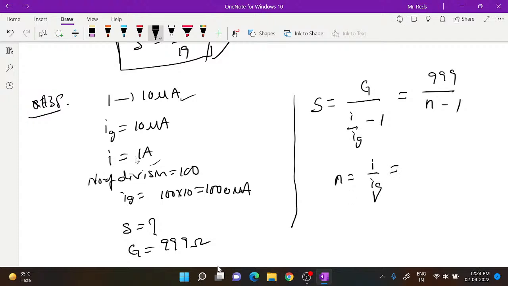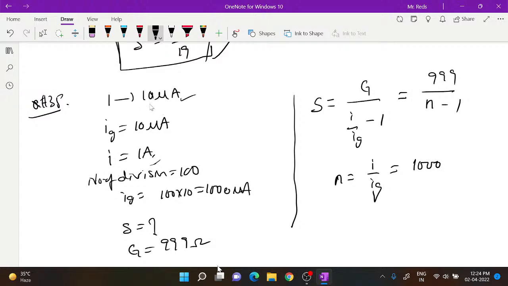For a full scale of 100 divisions, it is having 1 ampere. For one division the scale current is 10 microamps, so the total n value will be taken as I by Ig equal to 1000, as 100 into 10 microamps each division.